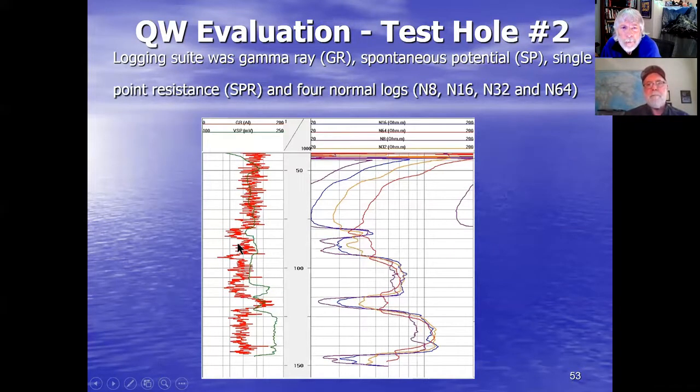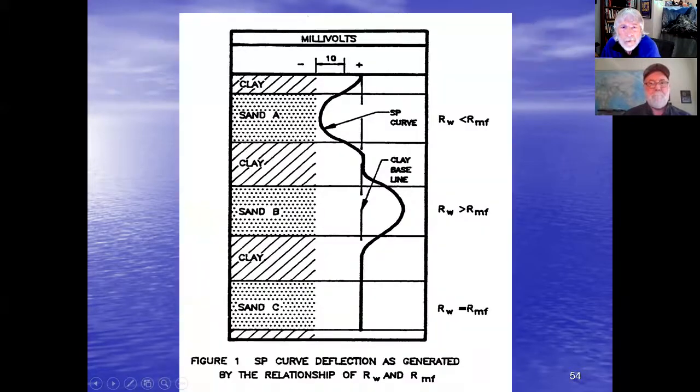But now we look at our gamma ray, and the gamma ray across all those horizons is the same, implying basically the same lithology from 150, let's say, all the way up to 75 feet. One thing to look at, and we'll go to the SP curve in a second, which I didn't talk about: whether it's gamma ray or SP, you try to establish where your clays are, and there you establish your clay baseline.